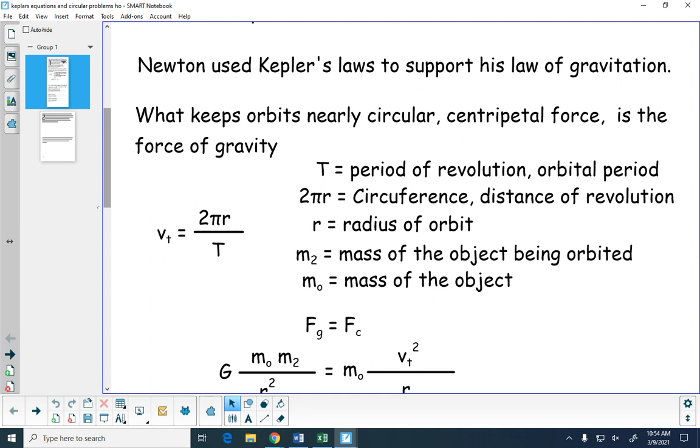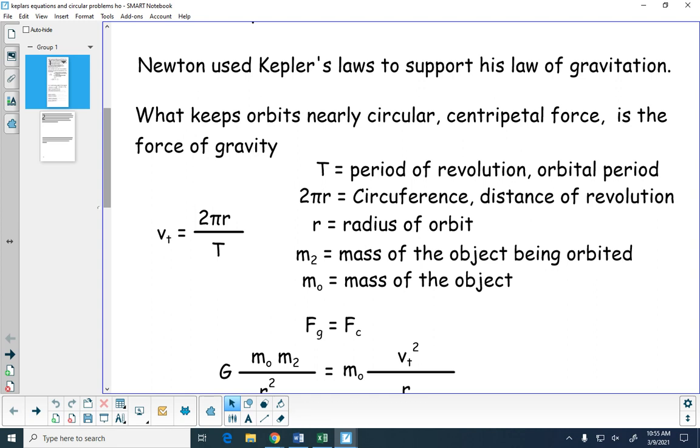Going through some of the variables that we have talked about. T is the period of revolution, the orbital period. 2 pi r is the circumference, the distance of a revolution going around the sun. R is the radius of the orbit. M2 is the mass of the object that's being orbited, and MO is the mass of the orbiting object.